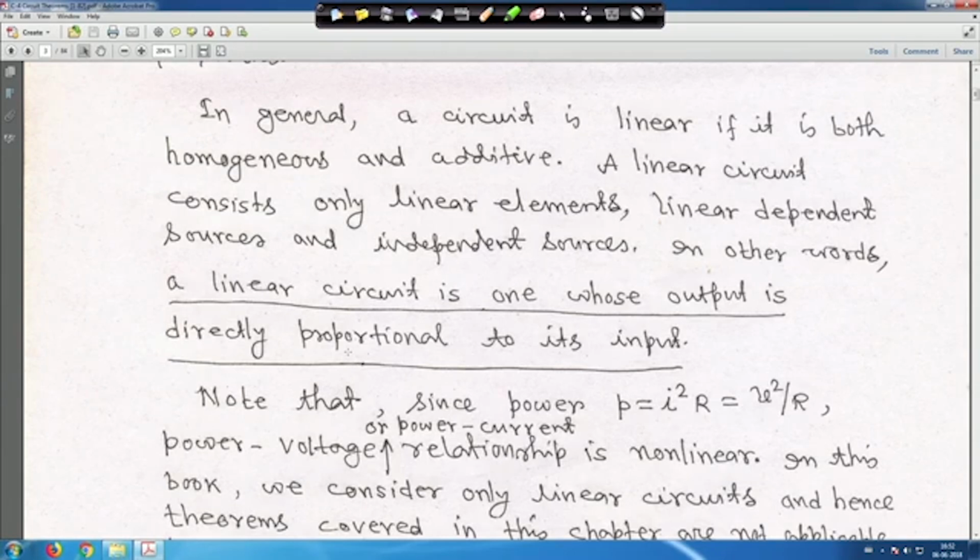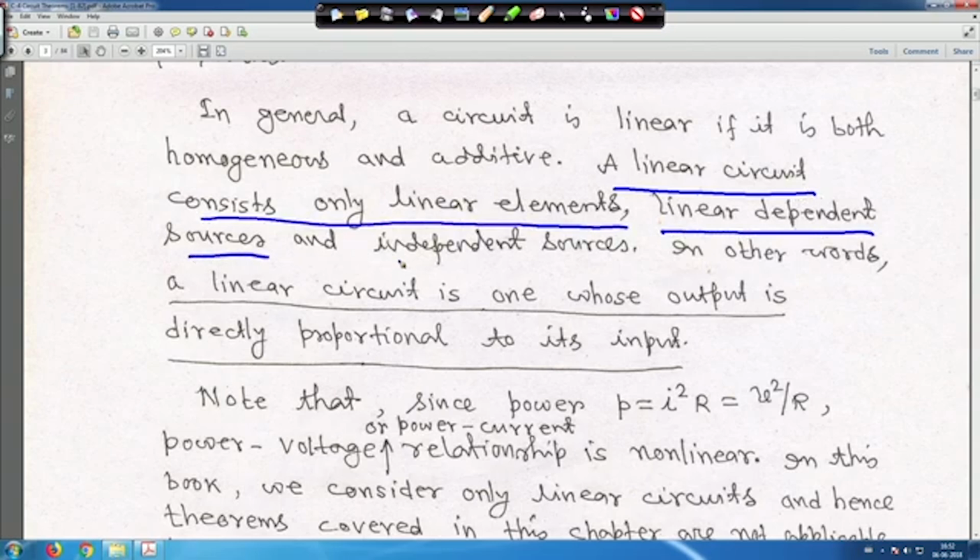So a linear circuit consists only of linear elements, linear dependent sources and independent sources. I have underlined this for you.